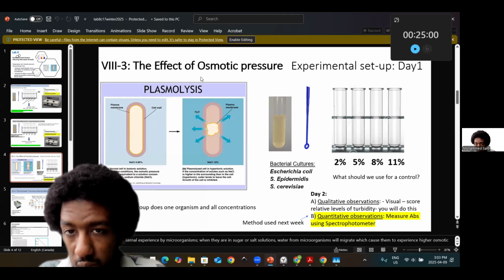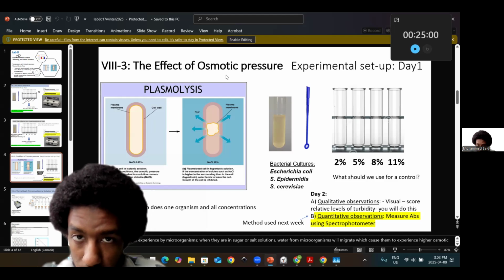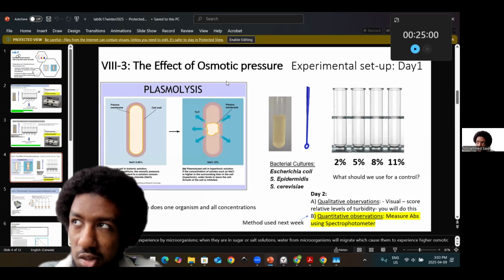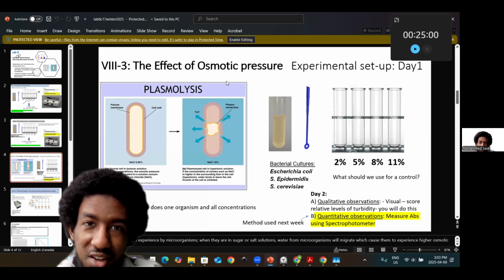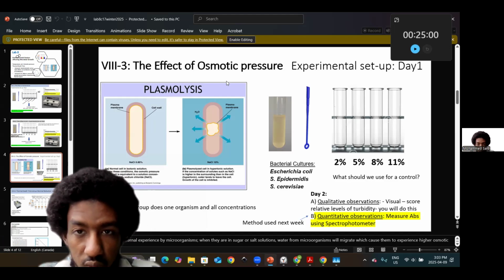That's how detrimental solutes could be in osmotic pressure. If some of you season, let's say, steaks or certain types of foods or beverages, like with lime, for example, you can imagine the impact that it has on bacterial growth.